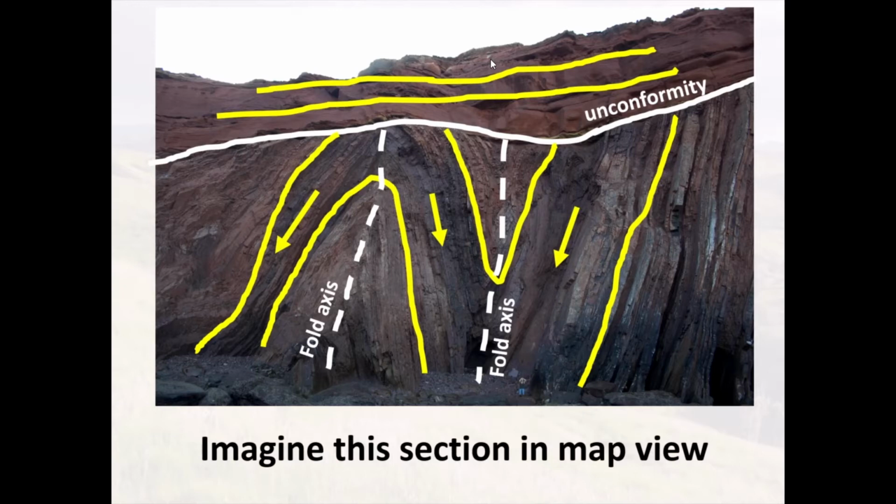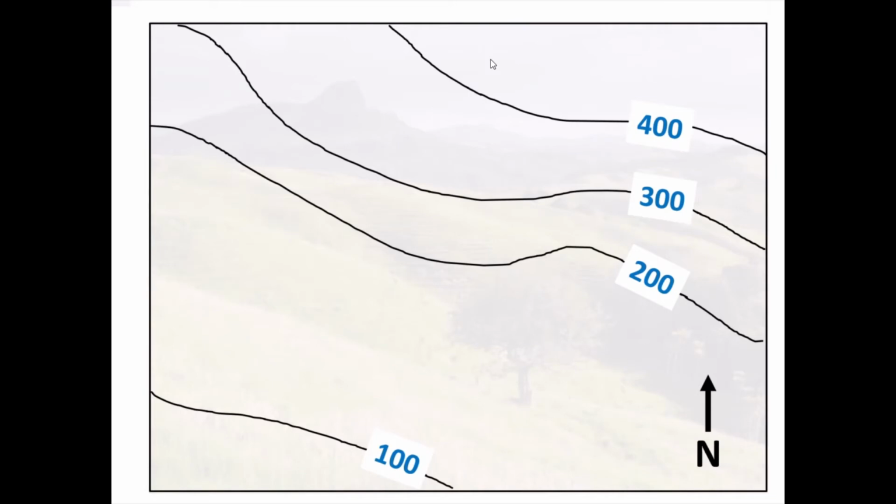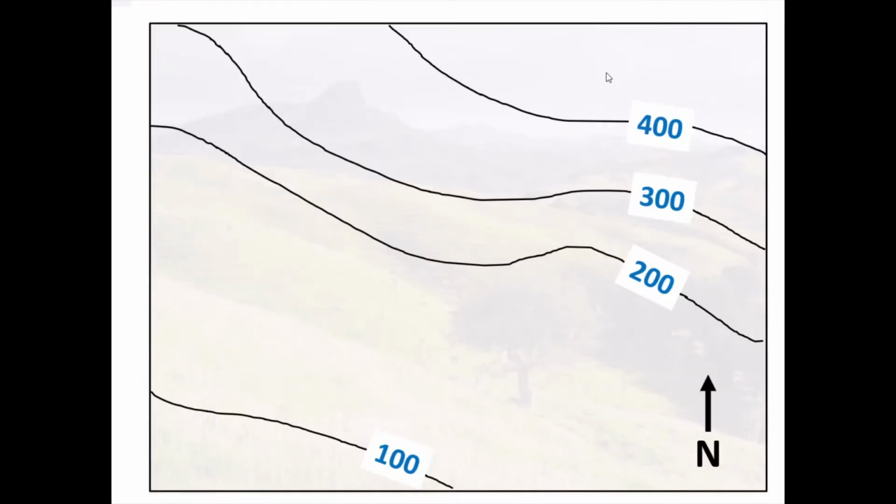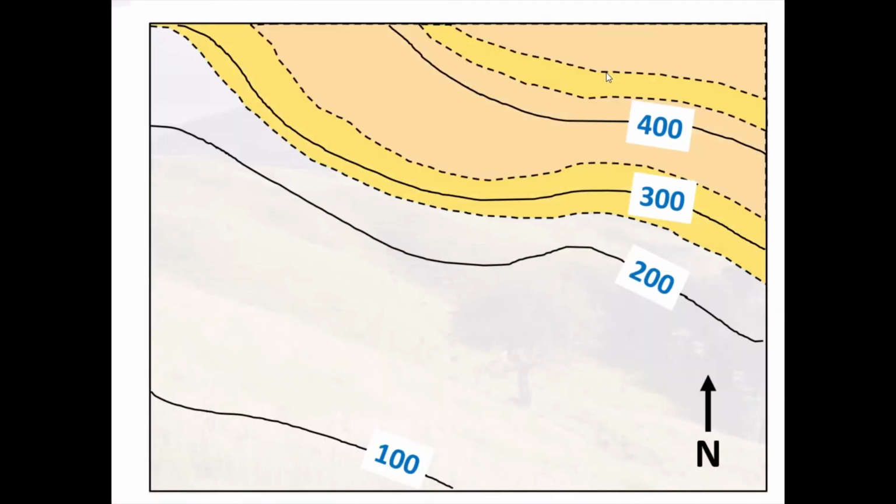Okay, well, let's imagine that we could take a bird's eye view of this section and imagine it in map view. If we look at the cliff at the highest elevations, going backwards into the cliff, we'd have our horizontally bedded sediments, those sediments which would have outcrop patterns parallel to the ground contours.